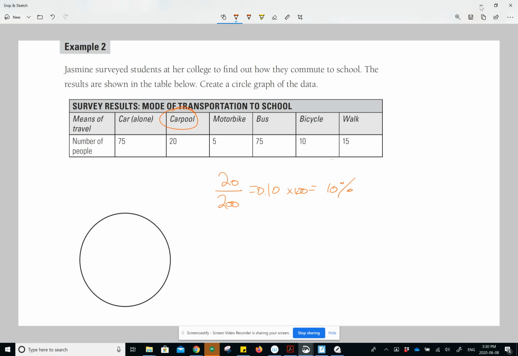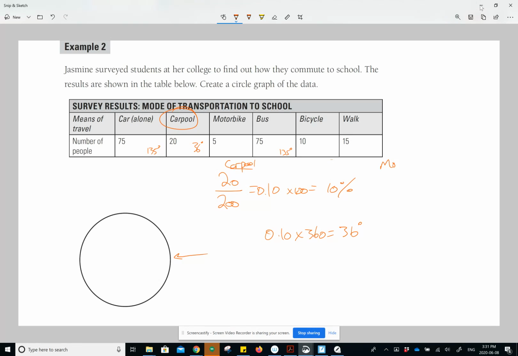And so to find the angle that I need to use in my circle graph, I'm going to take 0.10 and multiply by 360. And that's going to get me 36 degrees. So I'm going to measure the angle for the carpool as 36 degrees in here. For the car, it was 135 degrees. The bus was 135 degrees. This was for the carpool.